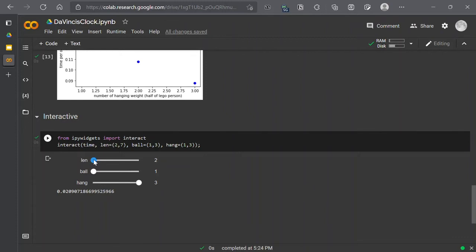Our goal is to make our clock 1 second for 1 round of the gear.